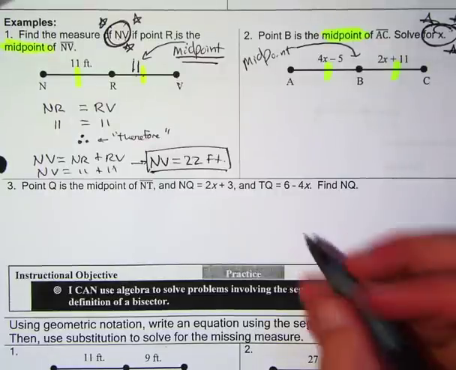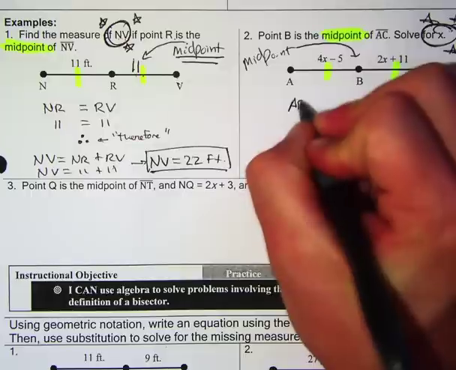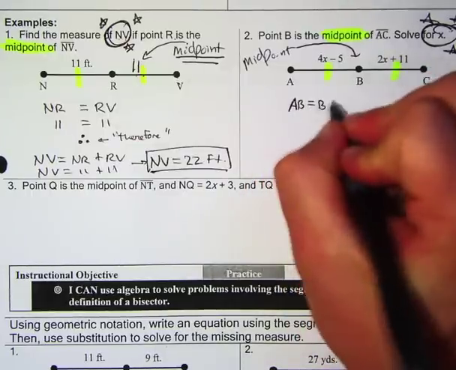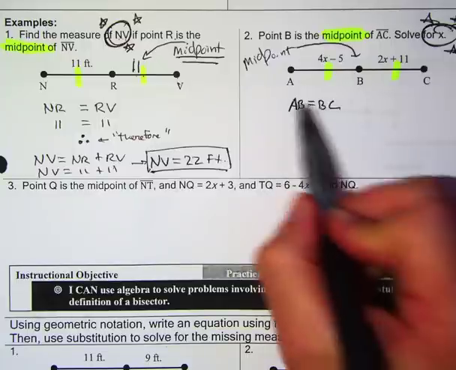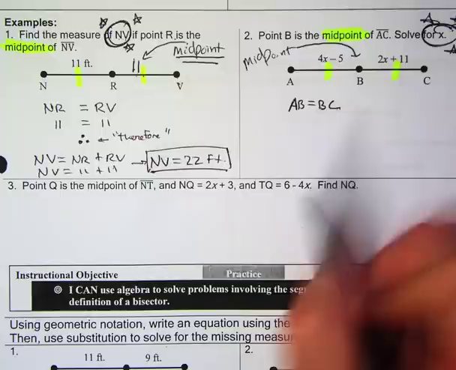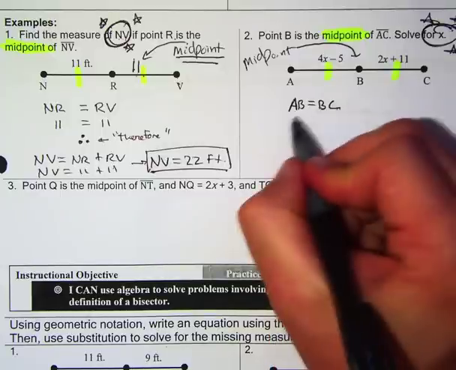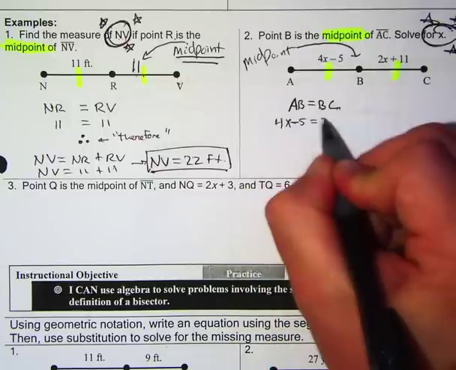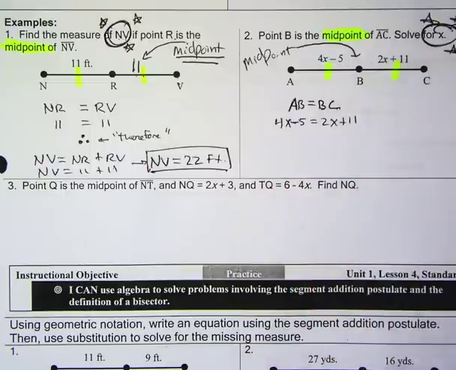So then what's the relationship? Well, segment AB is actually equal to segment BC. Excuse me, I said segment. I should say the distance from A to B is equal to the distance from B to C. So now I can substitute 4x minus 5 is equal to 2x plus 11.